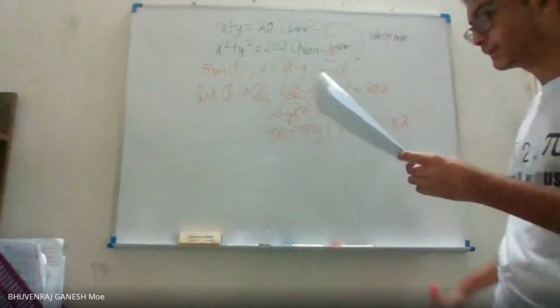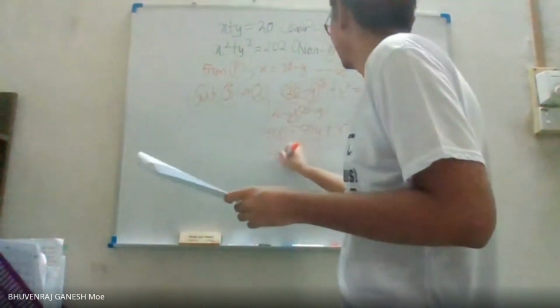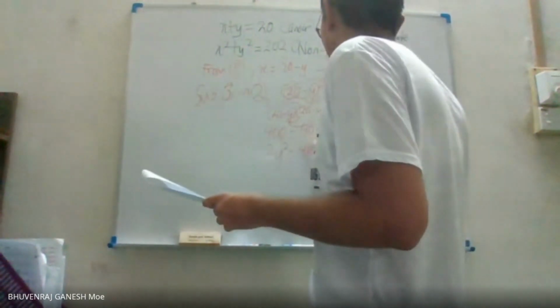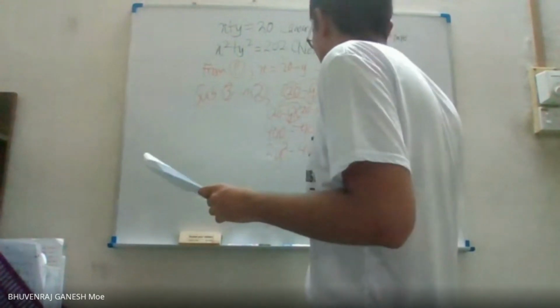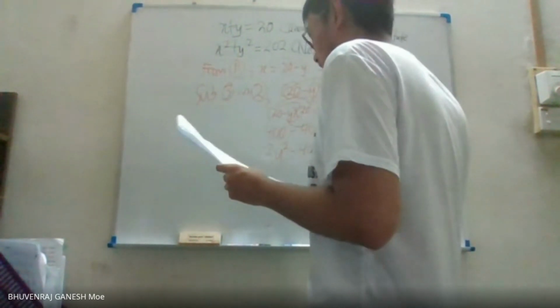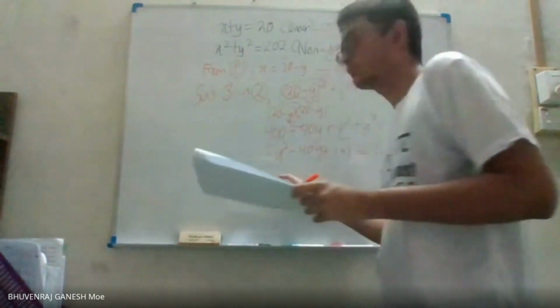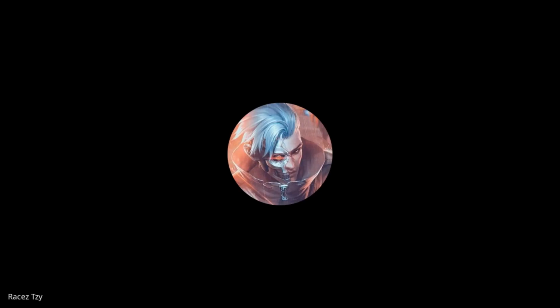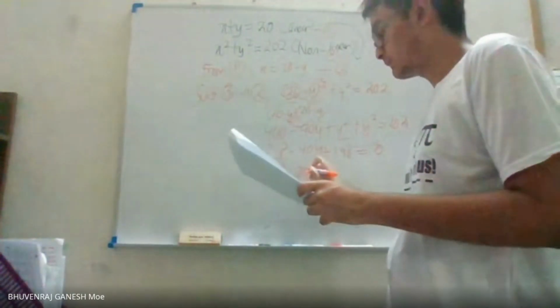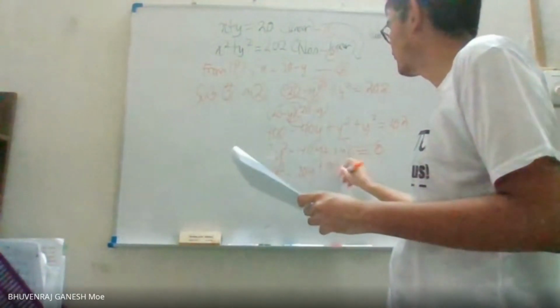So then you make it the general form of quadratic. You shift the 202 to this side, minus 198 equals 0. So what do you want to divide this whole equation with? 2. Okay. So y squared minus 20y plus 99 equals 0.